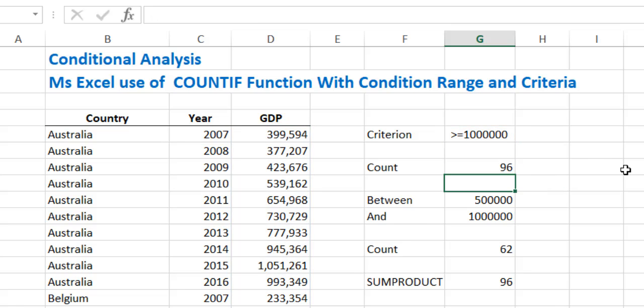Okay, and between here is again a criteria, and look at this, this is 500,000, and here is again a criteria which is 1 million.